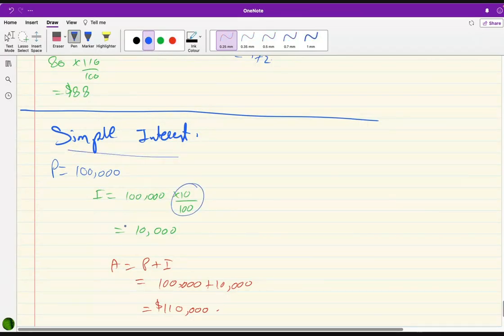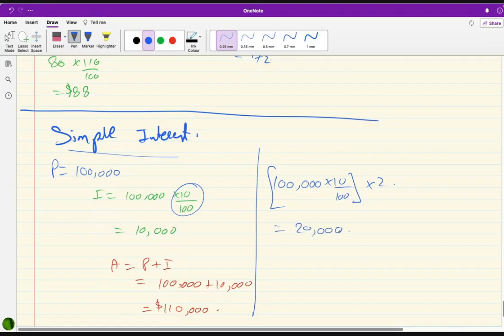The rate stays constant. So if we lend money for 2 years, this was 1 year interest. So that would be 100,000 into 10% for 1 year, and we just simply multiply it with 2. So that would be 20,000 cumulated. Or we can simply multiply 10 with 2, then 10 with 3, then 10 with 4, depending on the number of years.